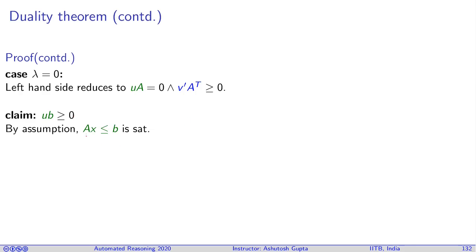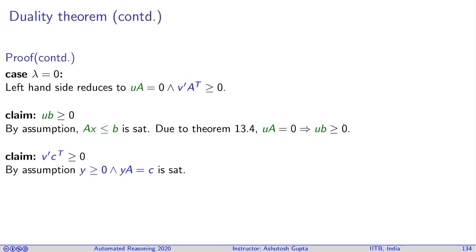Since by assumption Ax less than or equal to b is sat, we apply theorem 13.4, which says that if uA equals 0, then you know that ub equals 0. So we can just use this theorem and we know that ub is greater than or equal to 0. Now since we know v' c transpose is greater than or equal to 0, and we know that this is sat, therefore we can say that if you take a transpose of the whole thing it is also sat.